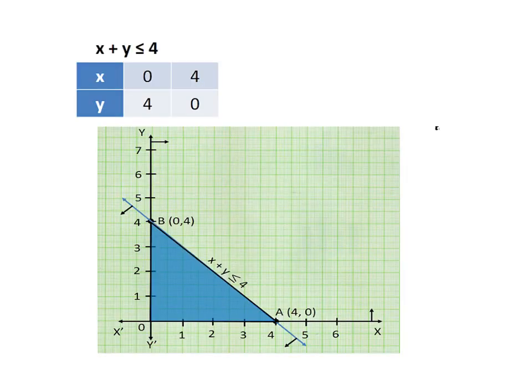Considering those 2 points, if we plot them on a graph, the graph looks somewhat like this. You see there are the points A, that is 4 comma 0, and B, 0 comma 4. We also know the two standard constraints given to us, the non-negative constraints, meaning x and y should always be positive, so we are talking about the first quadrant only. We should not concentrate on the second, third and fourth.